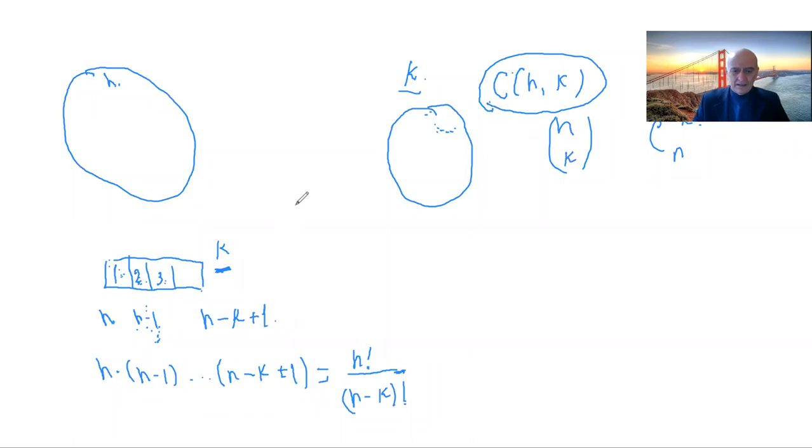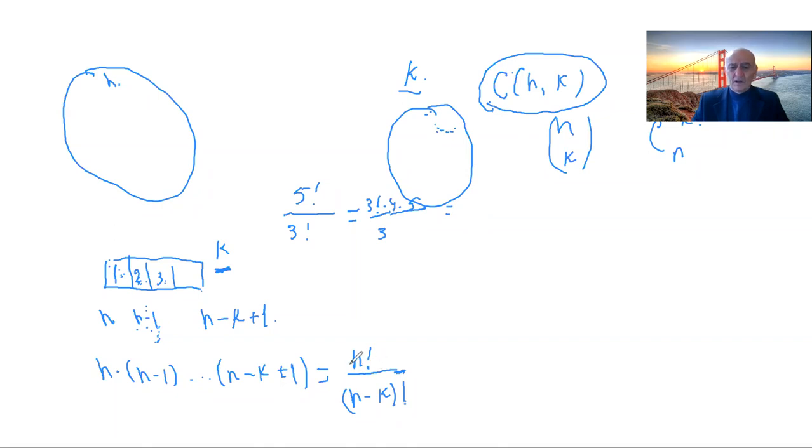And I can give examples for numbers. For instance, 5 factorial divided by 3 factorial. 5 factorial I can represent as 3 factorial times 4 times 5 divided by 3 factorial. So here we have 4 times 5.